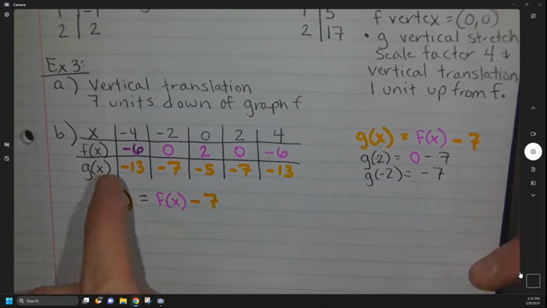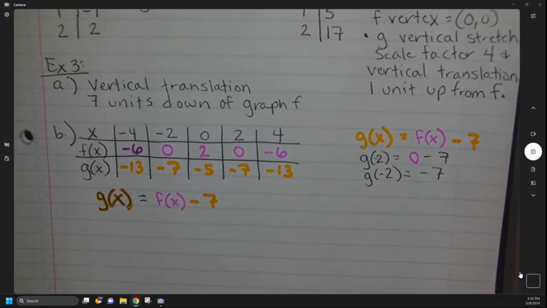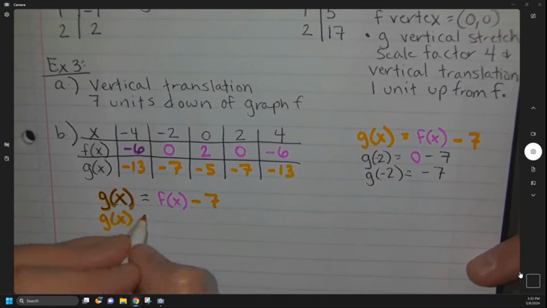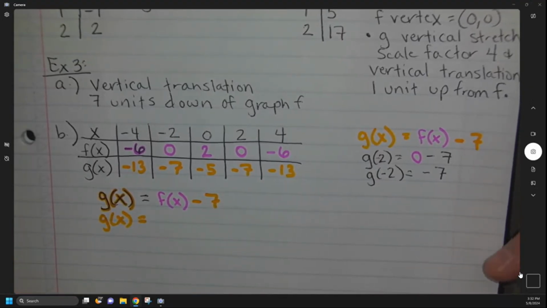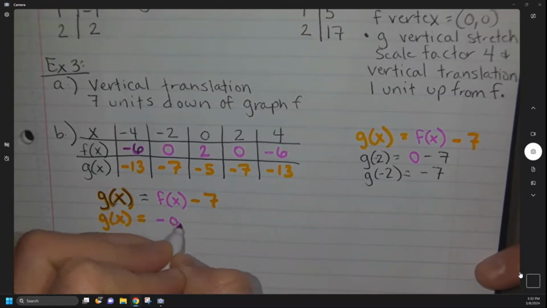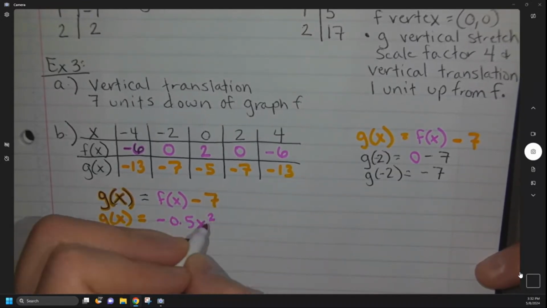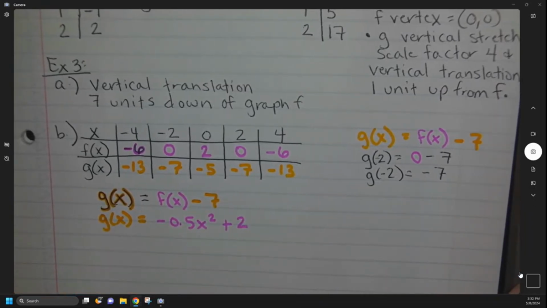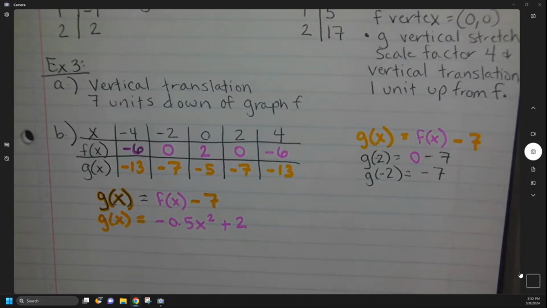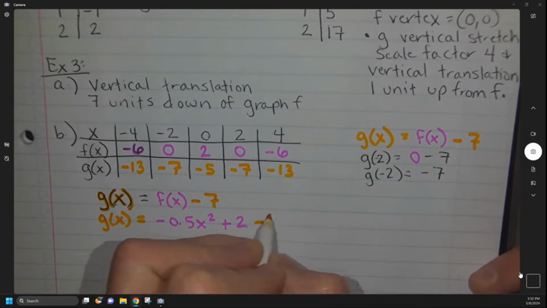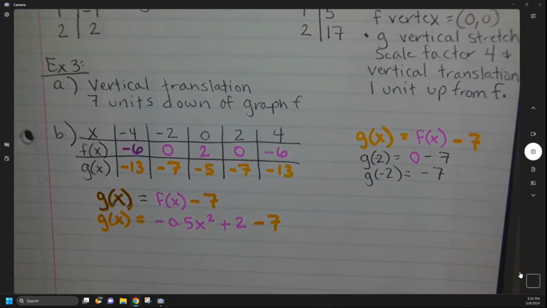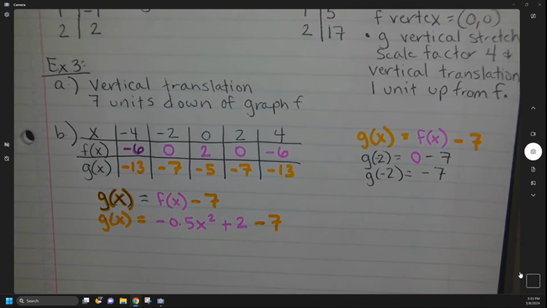Well, f of x is that whole equation. So let's get this written in here. So g of x equals, f of x was -0.5x squared plus 2. So that's all of our f of x function. And then we're subtracting 7. So if we simplify this, when they're saying, hey, what is g of x in terms of x?